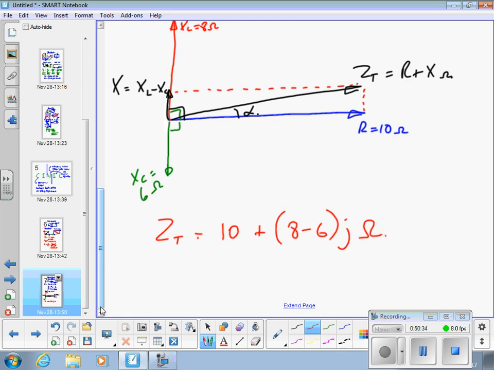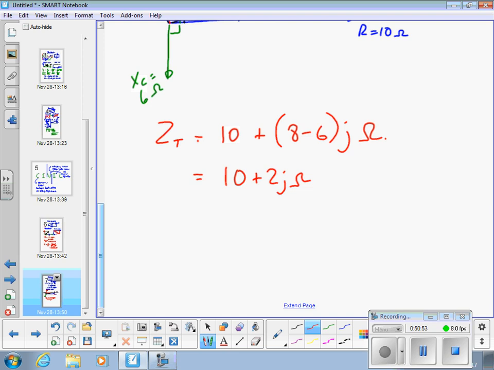Okay, again, exam, don't drop the J off the end, don't forget to put it in there. Sometimes it's in the line, then it disappears and comes back again later on in the answer. Equal to 10 plus 2J ohms. Convert to polar.